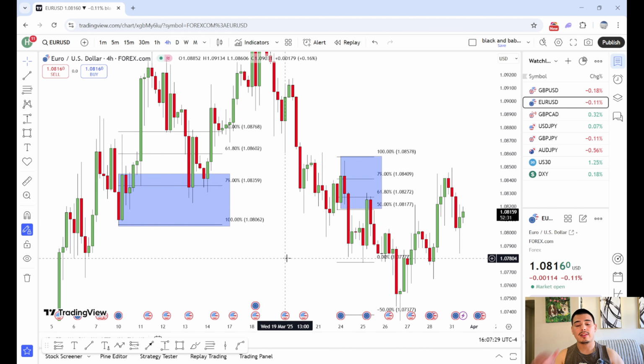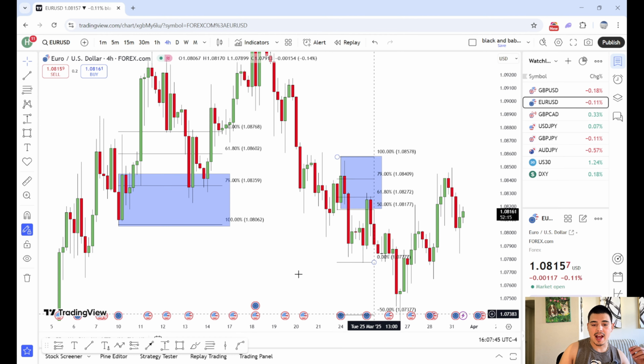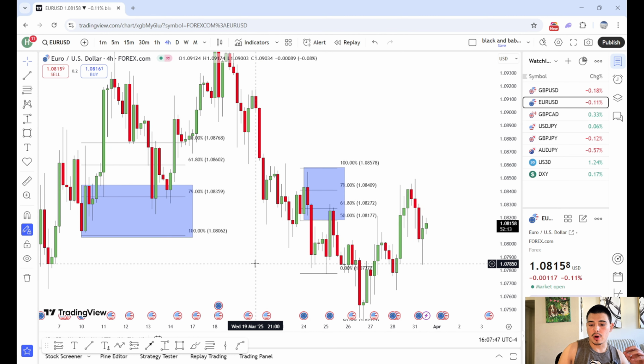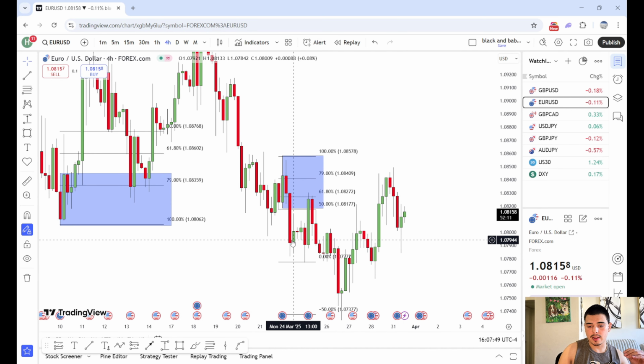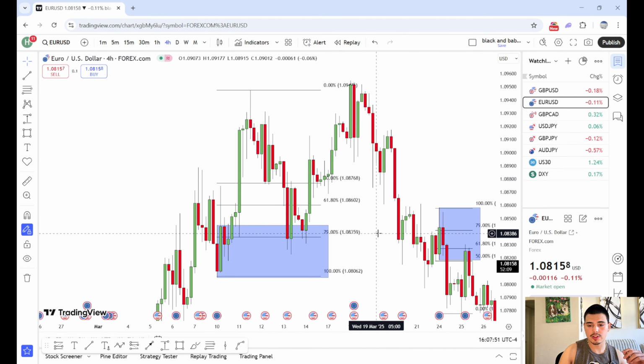Okay, and last but not least is that Judas swing, aka that turtle soup. This is that false move manipulation that acts like a stop hunt in those scenarios. So right here, for example, let's go and look for one.